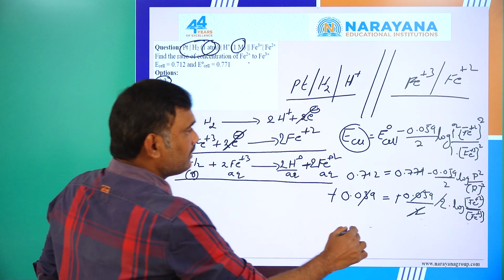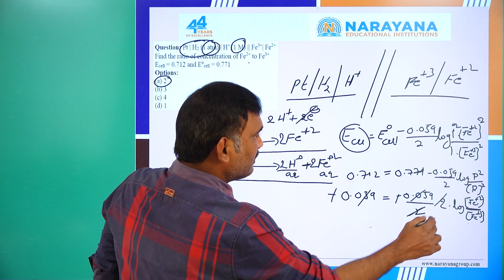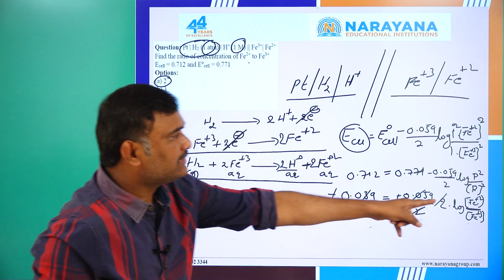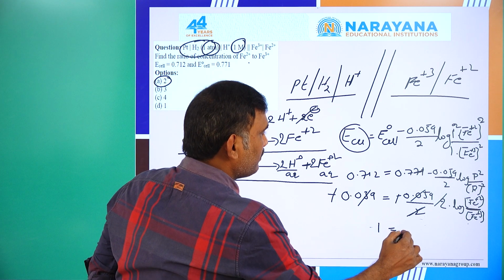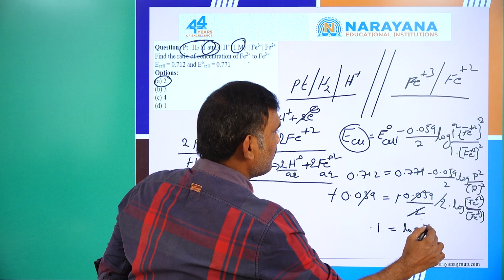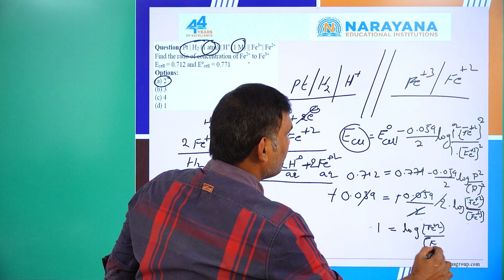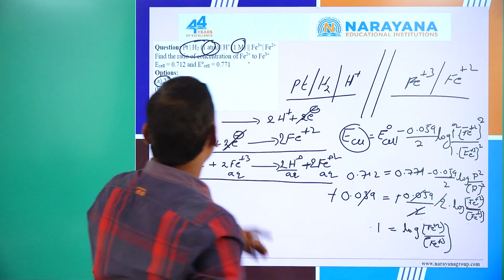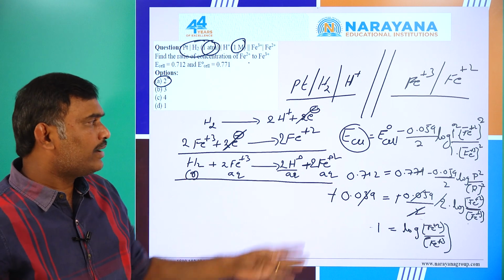Yes students, minus minus cancel, and we are getting log 1, the things are cancelled. Here is 1, log of Fe+2 concentration by Fe+3 concentration. You will get the log 1. The total value becomes log 1.